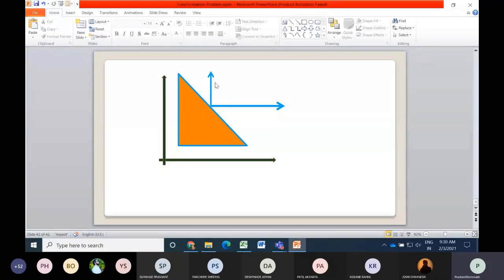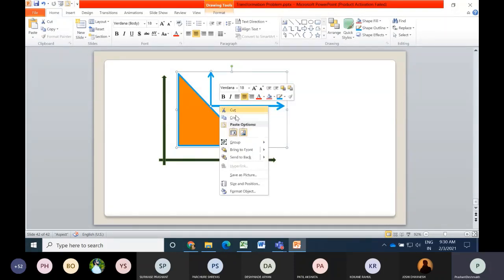Now this will be your point P. Now what we have to do? We have to scale this triangle about this point P. So simply what we can do is make this as a group so it will be easy to understand.